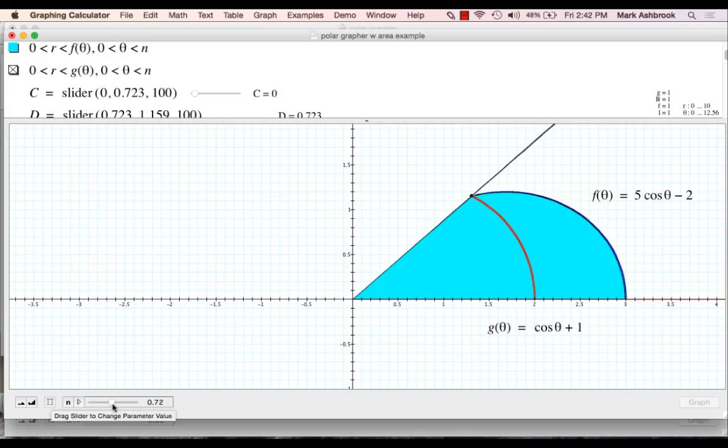I want to calculate all that shaded region that I'm showing you. So what would that entail? How am I going to calculate all of that shaded region?